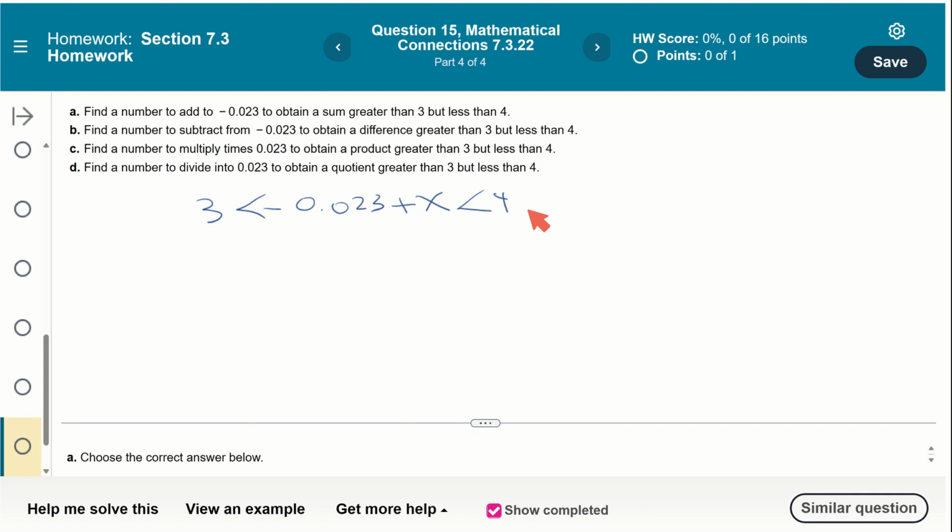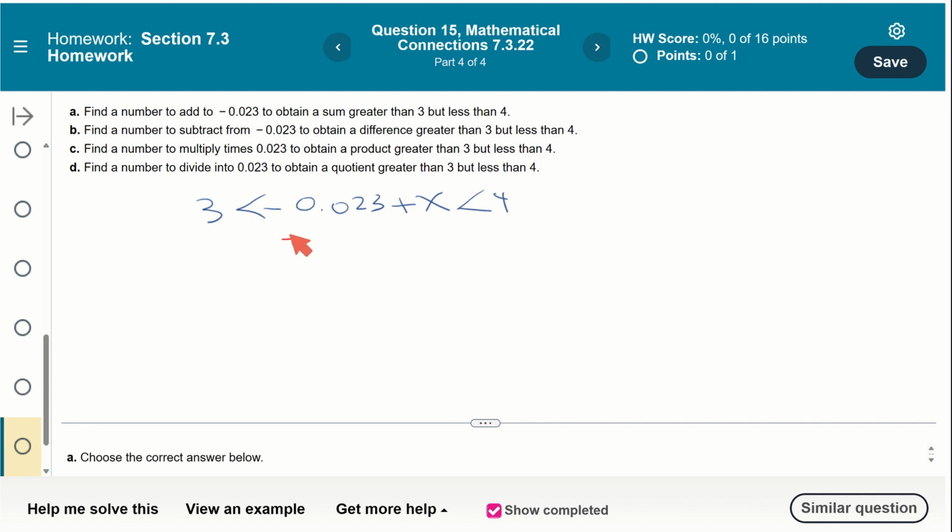So here we're going to isolate the x, which means we're going to add 0.023 to all three parts of this three-part inequality. Sometimes these inequalities are called three-part inequalities. So let's go ahead and do that.